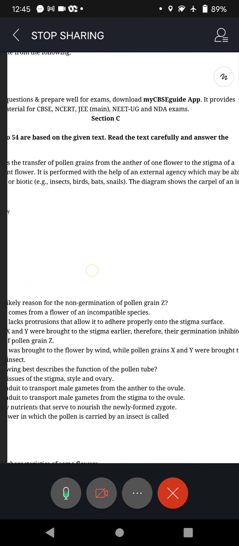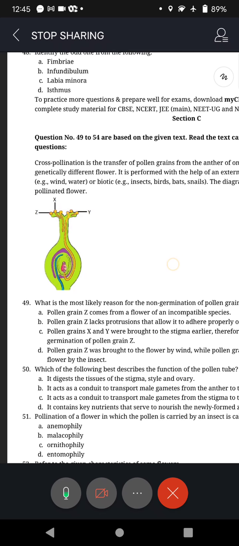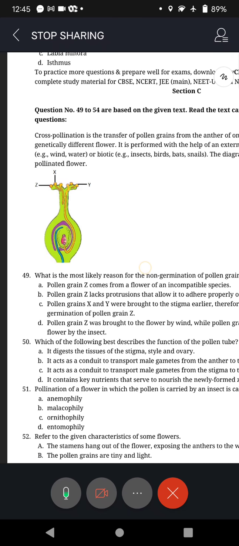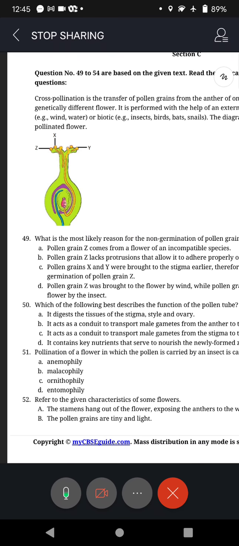So this diagram shows the carpel of an insect pollinated flower. What is carpel? Carpel, female reproductive organ, isn't it?